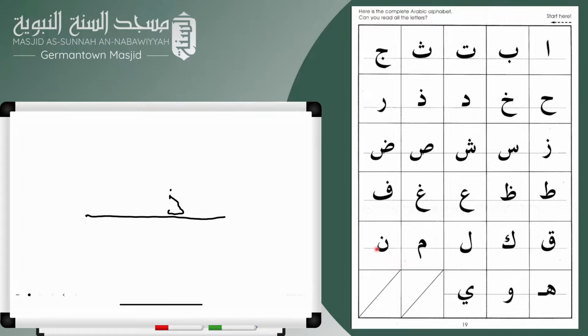Okay. And one last one. How about this guest? What is this guest's name? God. Excellent. So this is God. All right. Any questions about the shapes or names of the letters before we move on?